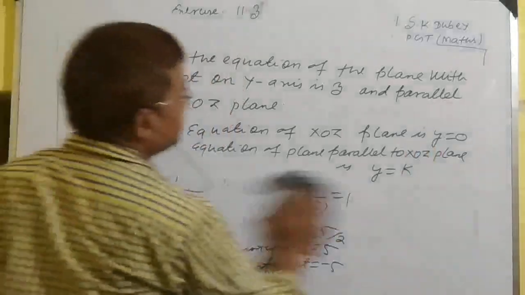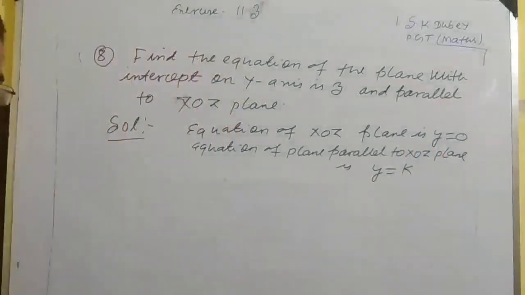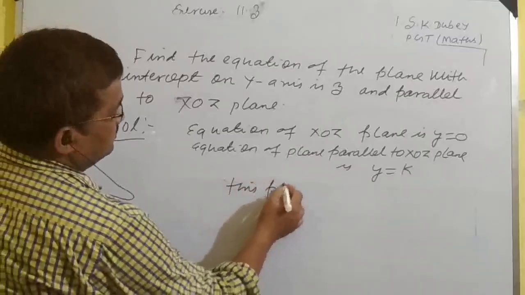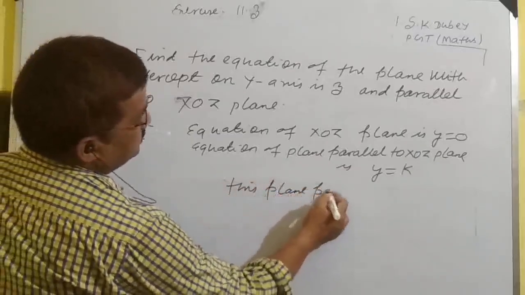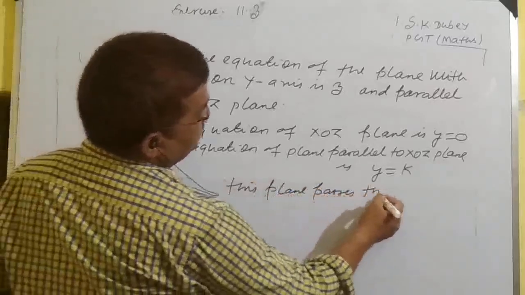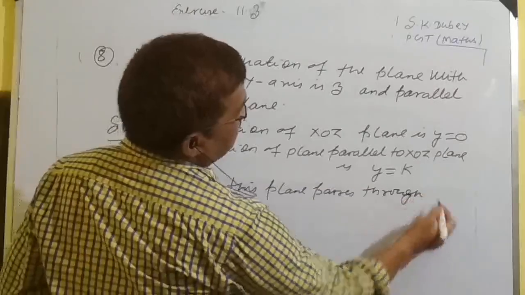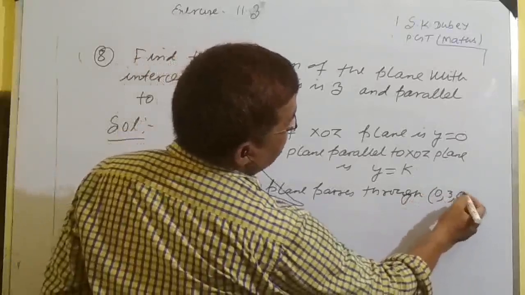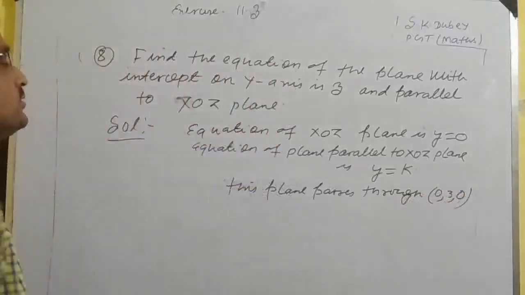This plane passes through the point 0, 3, 0, as the y-intercept is 3.